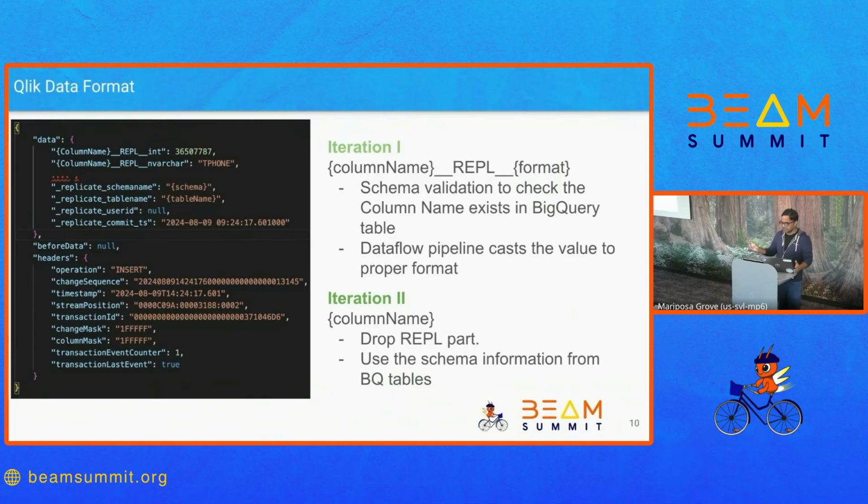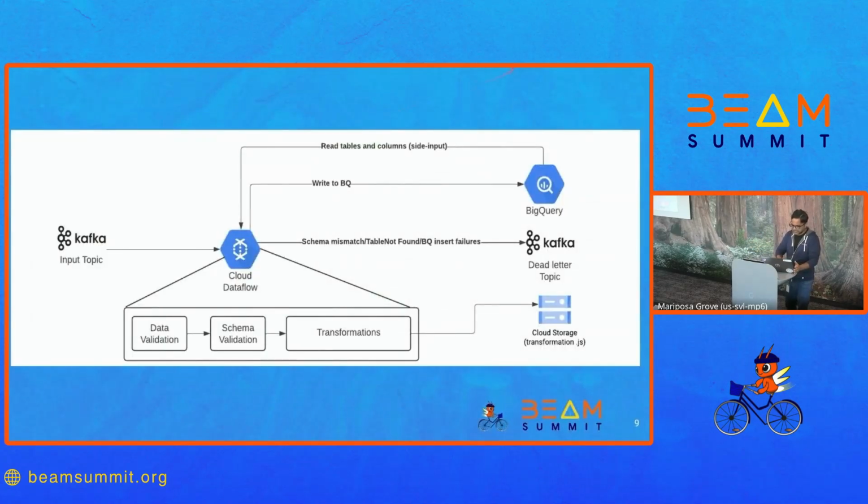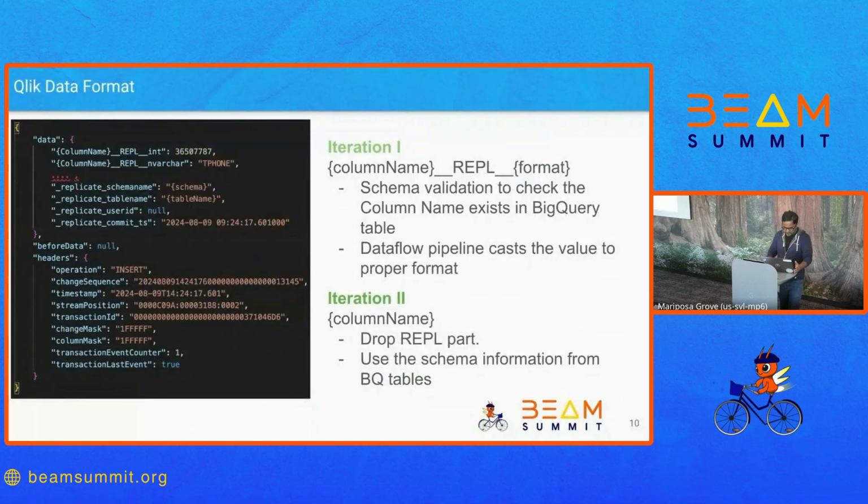We just use the column name, and in our side input up here, instead of just reading the column name, we started reading the column name, the type, and whether it is required or not, right? That gives us enough information to do any kind of data validation to make sure that the input we get is meaningful, and when we start writing to BigQuery, nothing fails. So these are the 2 iterations we did from the Qlik side.